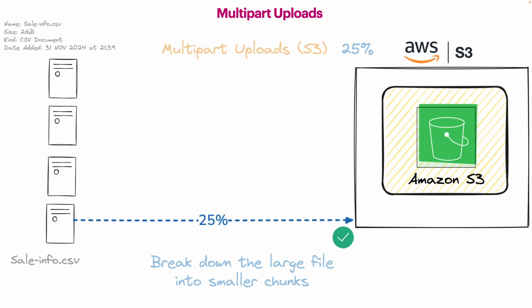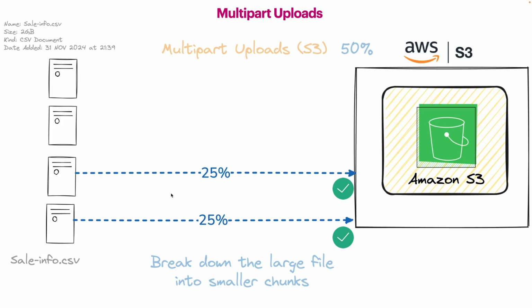We can, for example, monitor each part's status and the total bytes transferred. We will see it in practice, but remember, we can track the status of each part in terms of bytes and so on.